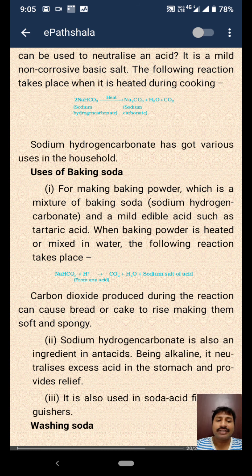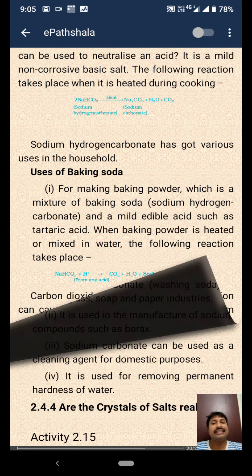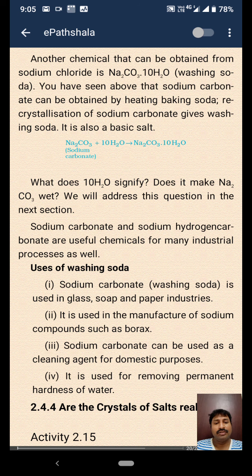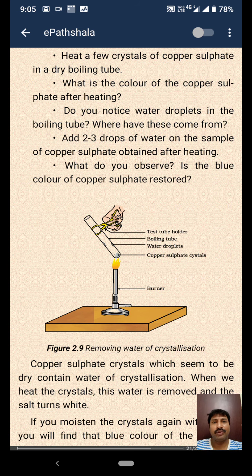The amount or ratio of water present in it is called the water of crystallization. That is Na2CO3.10H2O, where the dot is kept, and we call it water of crystallization. Very important thing.